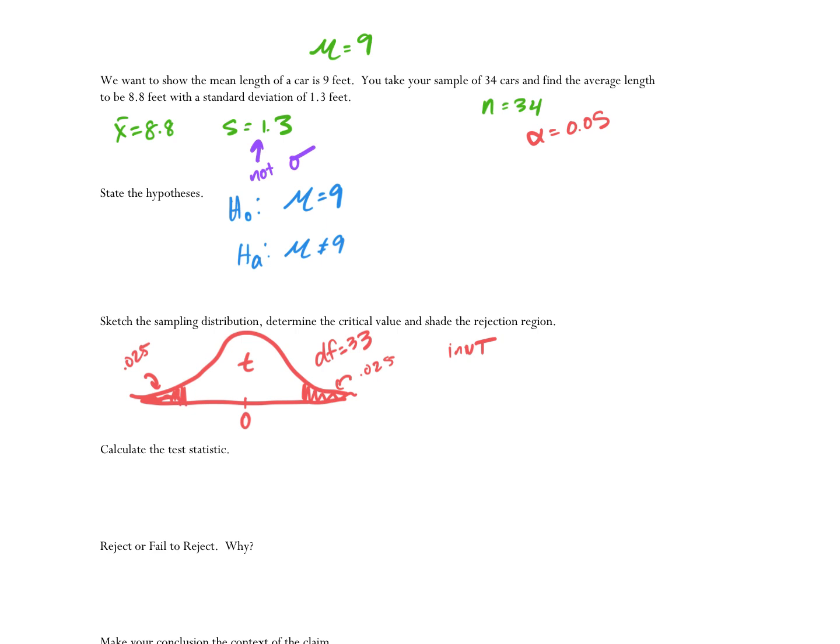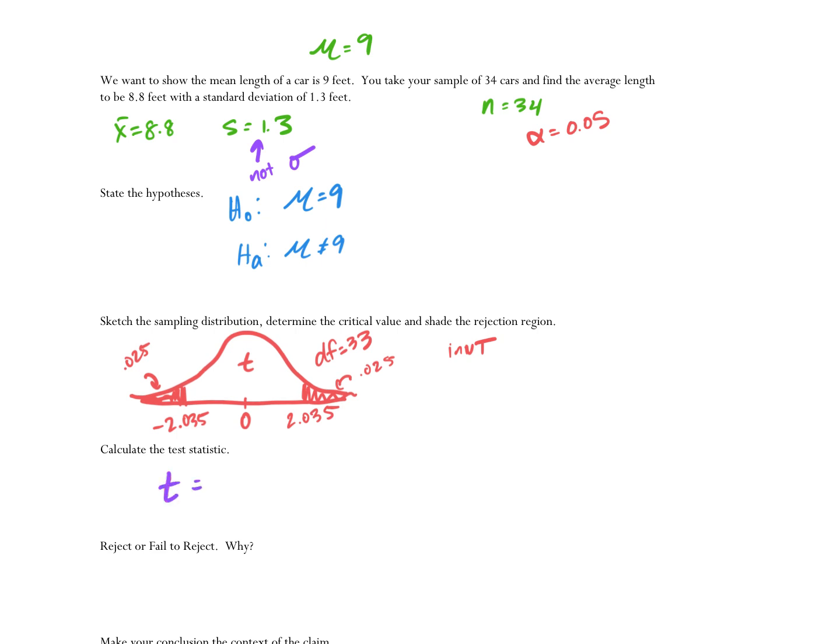Because you don't know sigma. In this case, instead of doing a p-value method, we're going to use the traditional method. So now what we need to do is find the t of our sample.